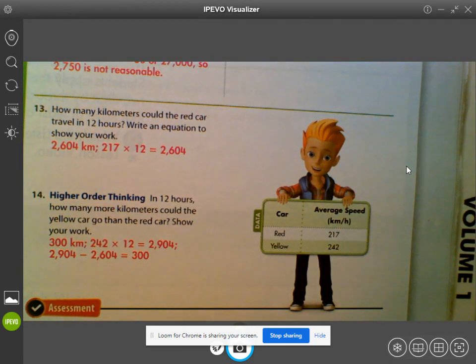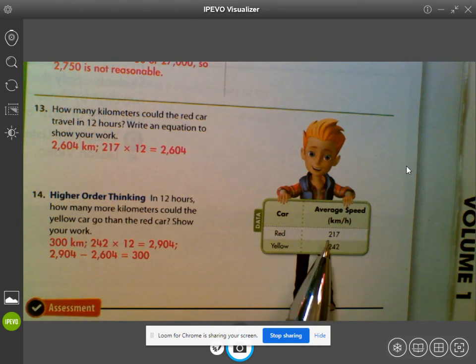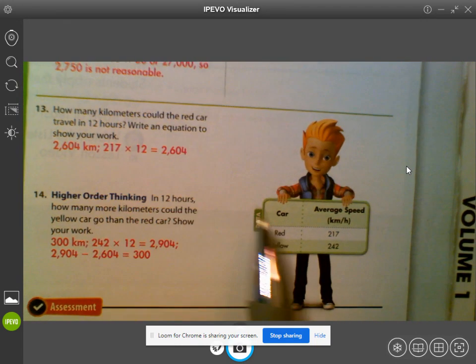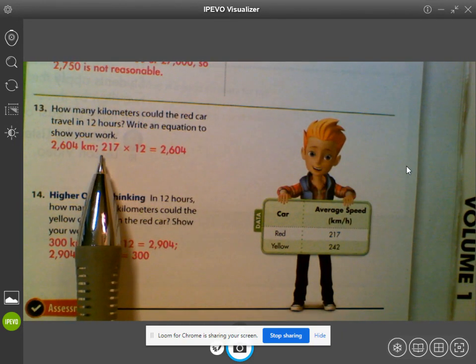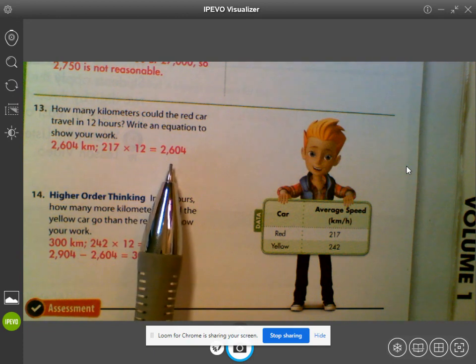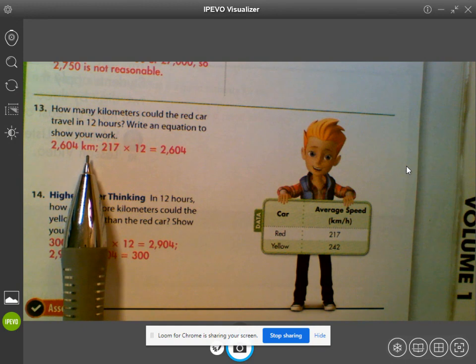And we want to know how far it travels in 12 hours. So we would have taken 217 and multiplied it by 12. And if we multiply 217 by 12, we should get 2,604. And you should have your unit of kilometers.